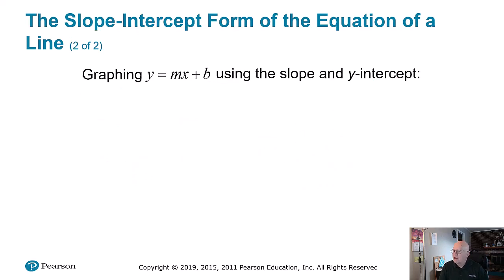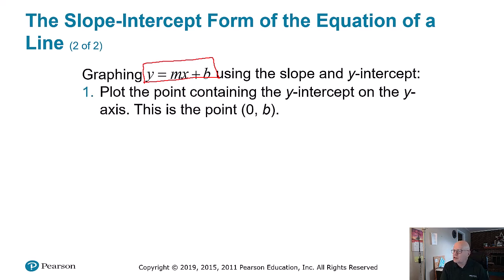So if you have it in slope-intercept form, like this, how can you graph it really easily? Well, I don't know if it's a piece of cake, but maybe it's a cookie or a pie even. First of all, plot the point containing the y-intercept. In other words, take this. This tells you where it's going to cross the y-axis.